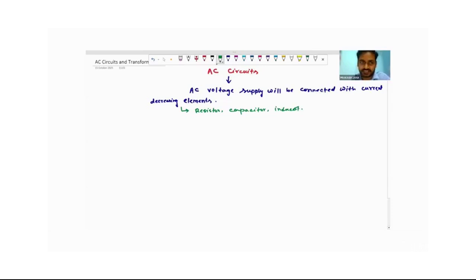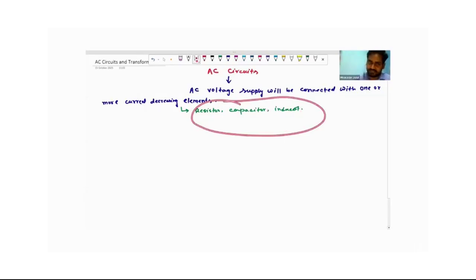So it will be connected with one or more current decreasing elements. That may be a resistor only, maybe a capacitor only, maybe an inductor only, but maybe resistor and capacitor, capacitor and inductor, resistor and inductor, or maybe all of them at a time.